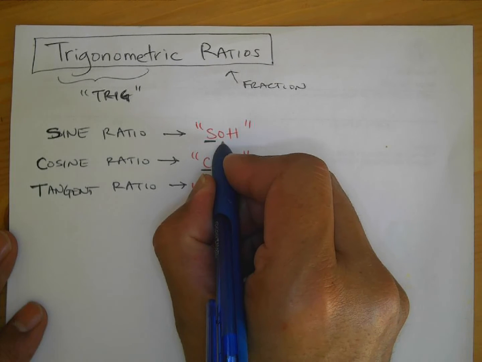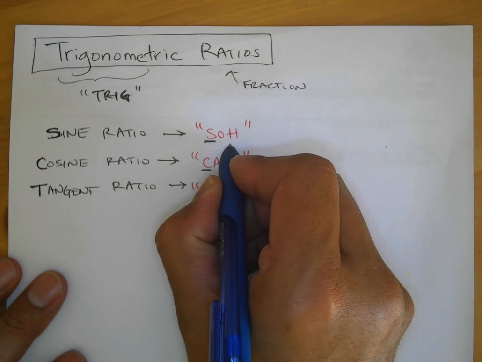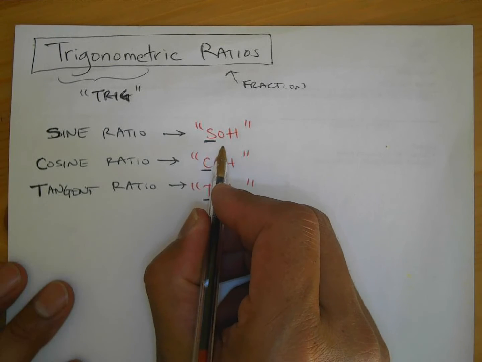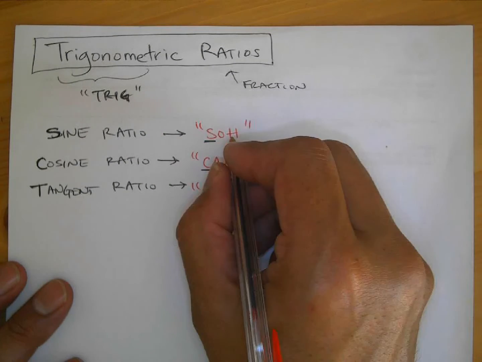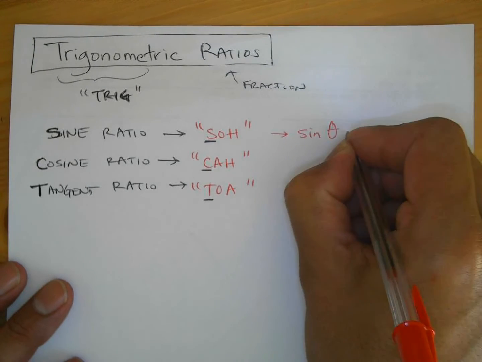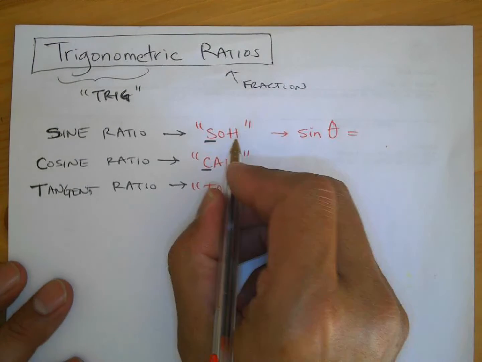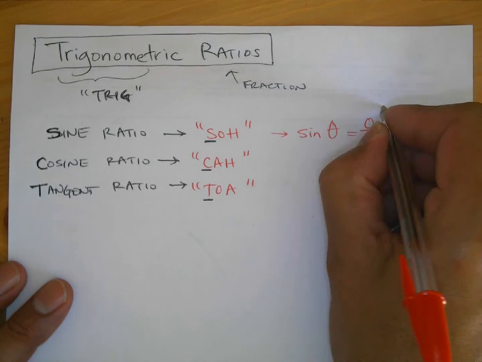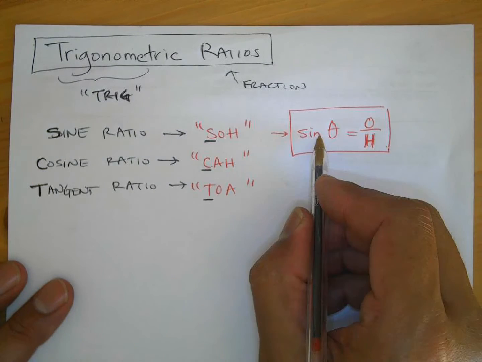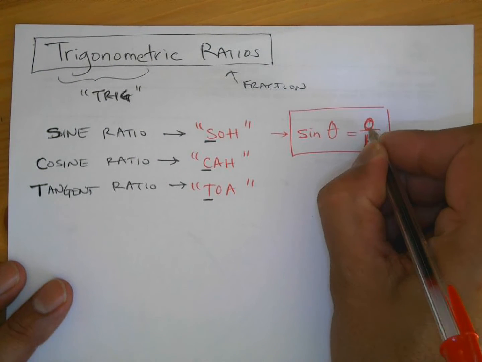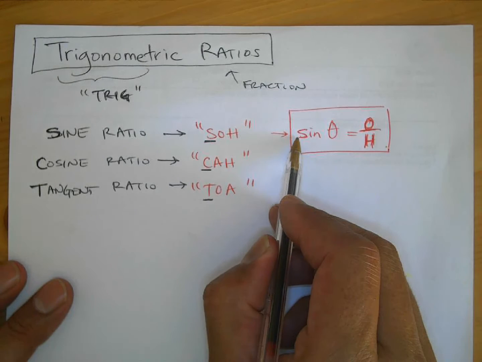The last two are the ones that set up the ratio, your fraction, which is your numerator over the denominator. So, starting with SOH, S would be what? Sine of the angle is equal to O over H. And I'll remind you what O and H are.